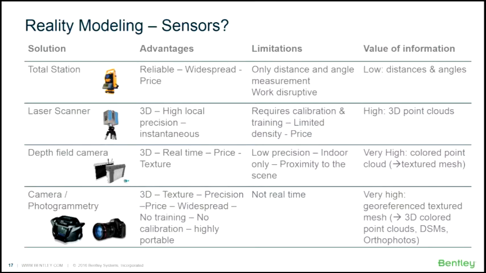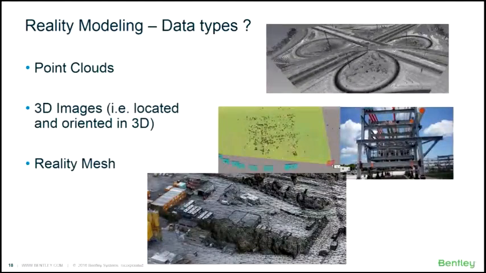It can be depth field cameras, and it can be ordinary cameras and photogrammetry, whether they be aerial or ground level photogrammetry. And some of the inputs that we can take in are point clouds, 3D images, and the result is a reality mesh. So the more information that you can capture as input to the reality mesh process, the better quality reality mesh you'll have.